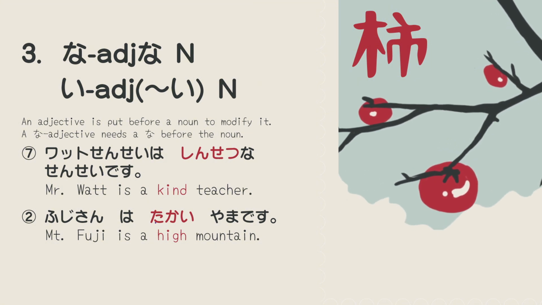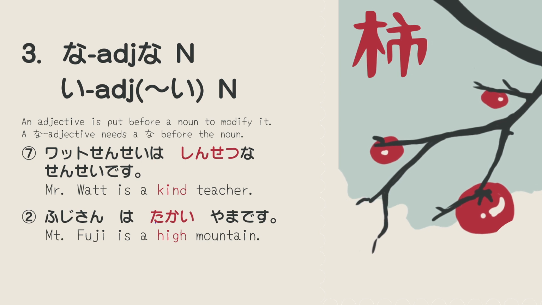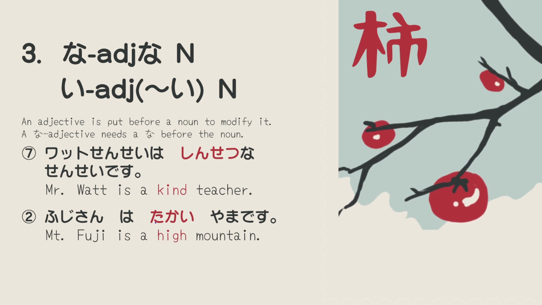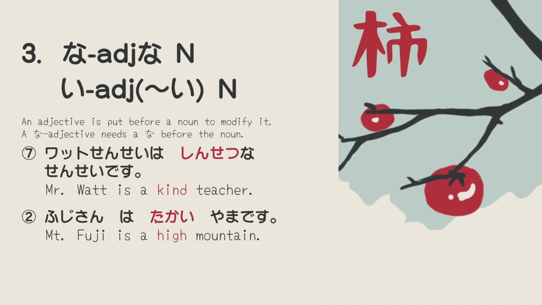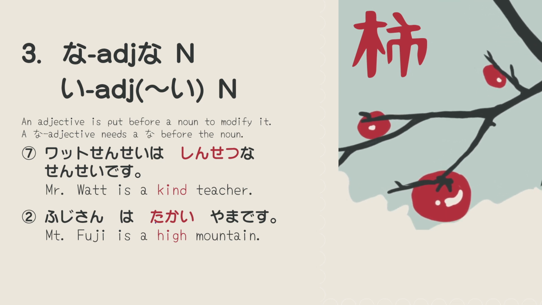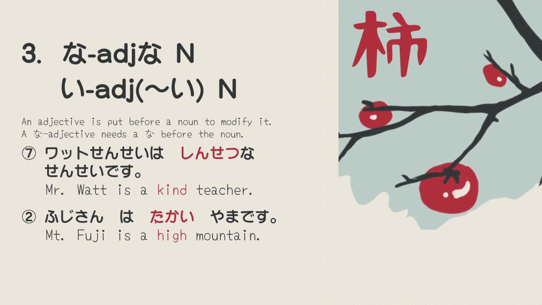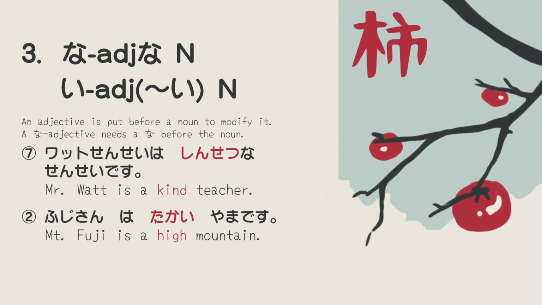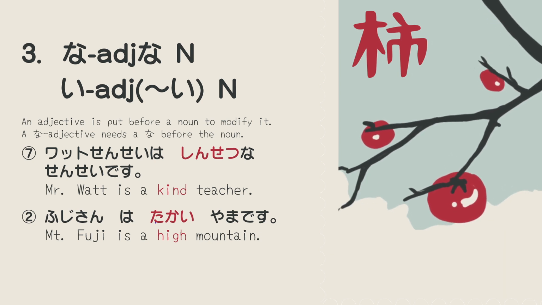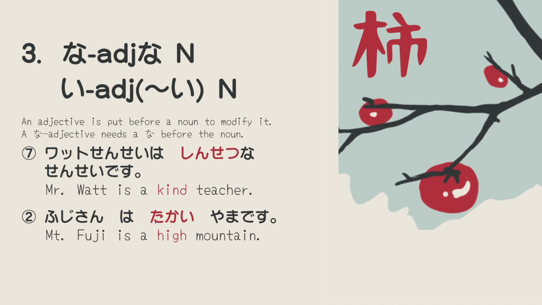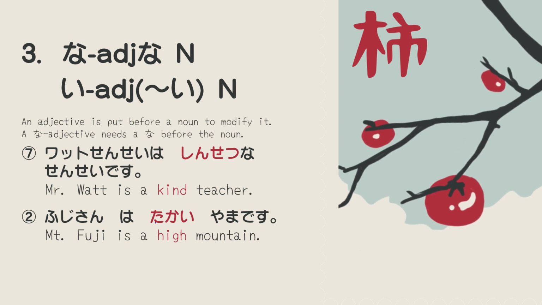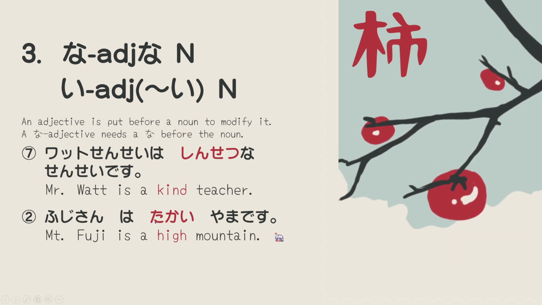Just take note that if you want to make the na adjective into a negative form, you replace the desu part, from desu to ja arimasen. However, in e adjectives, if you want to make it into a negative form, you replace the e at the end with kunai. So those are adjectives. I will separate the video for the other grammar points or topics for this lesson, and I will see you in the next one.